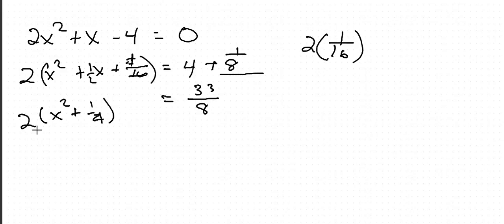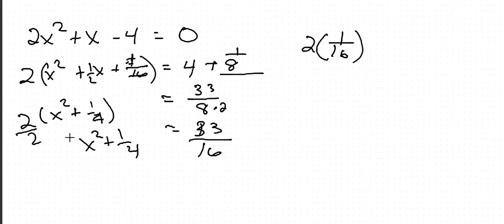Okay. Then what do you divide? Then you divide by 2. So when you divide by 2, it's like taking this bottom number and multiplying it by 2. 33/16. Oh, I should have put this there.